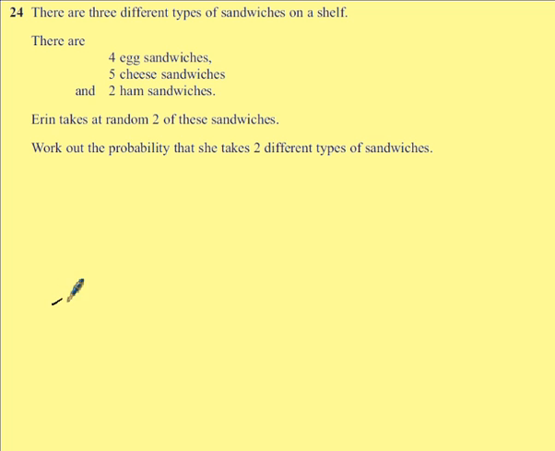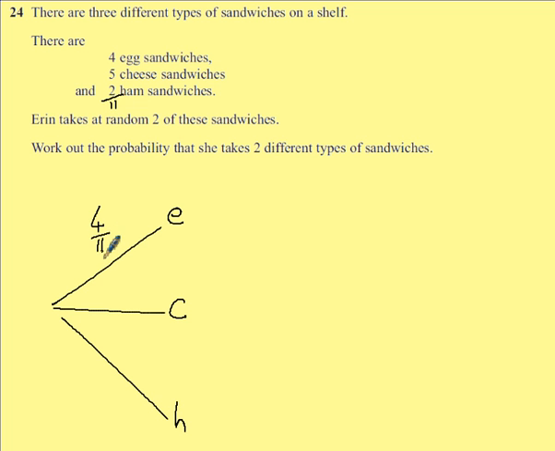So let's think about it as a probability tree diagram, as most of these questions look like. So I'm going to say that this is going to be my egg, this is going to be my cheese, and this is going to be my ham, and I can associate probabilities with these because I know that in total we have 11 sandwiches. 4 of those 11 sandwiches are egg, 5 of those 11 sandwiches are cheese, and 2 of those 11 sandwiches are ham.